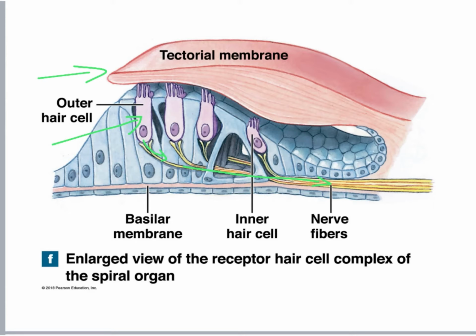Now, I just said that the wave of endolymph inside the cochlear duct is what leads to activation of the auditory receptors. I would like you to imagine a plastic pool filled with water. If you start tapping on the pool wall, you will cause the water to start moving like waves. The shape of the waves that you create is going to depend upon the frequency at which you are tapping on the pool wall.